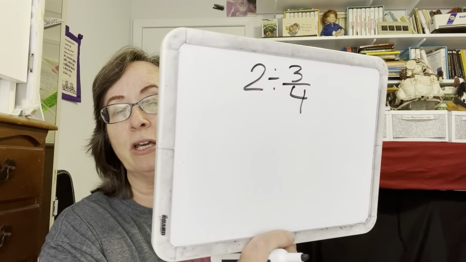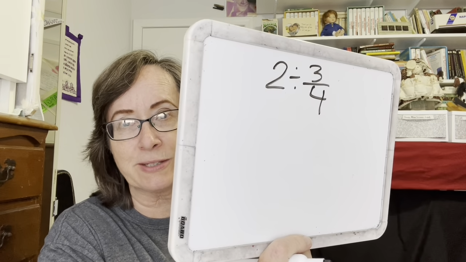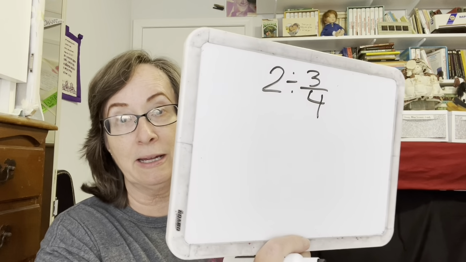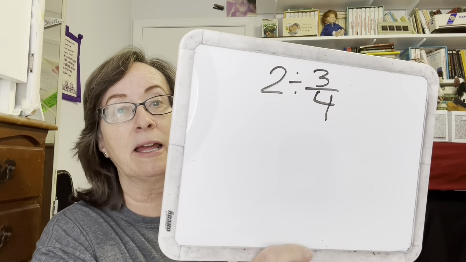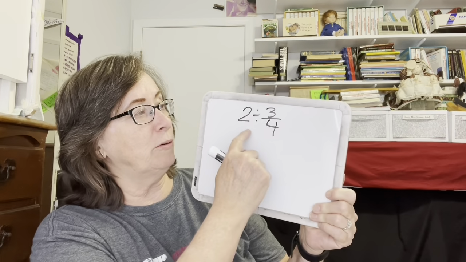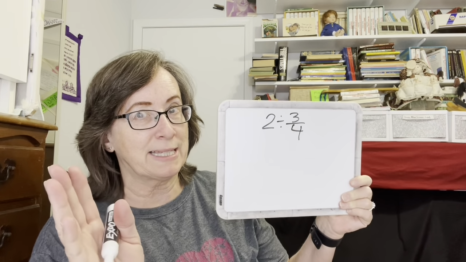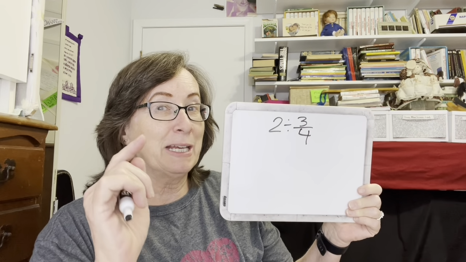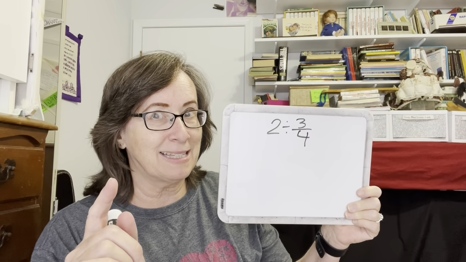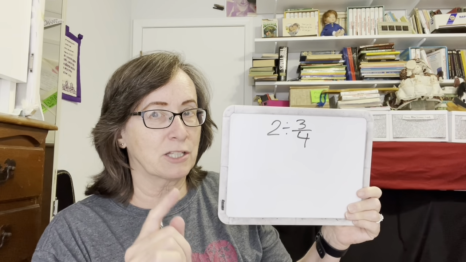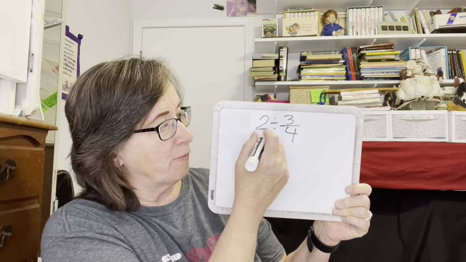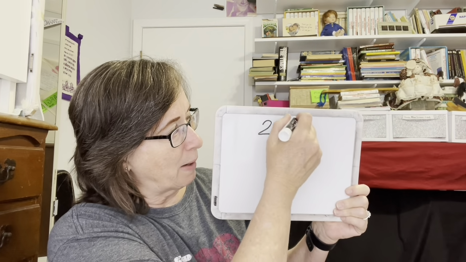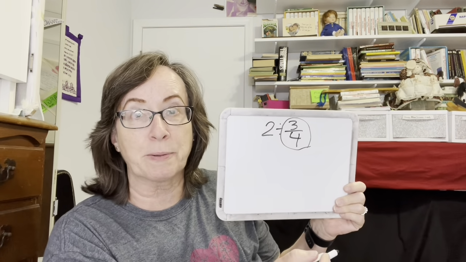Okay, so 2 divided by 3/4 is the teaching that they're doing in between example 3 and 4, and I want to see it on your notes. What is the little jingle I'm going to try to get you to memorize? Dividing by a fraction is multiplying by its reciprocal. Dividing by a fraction is multiplying by the fraction's reciprocal.